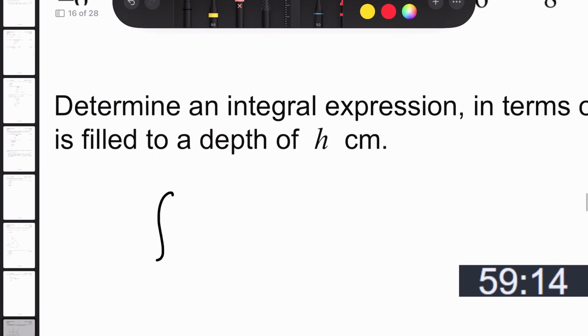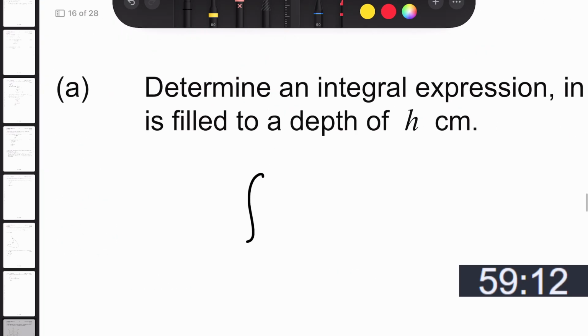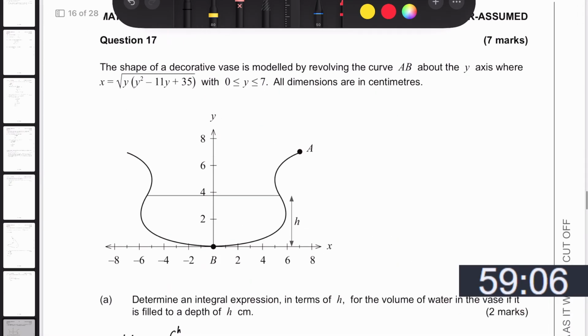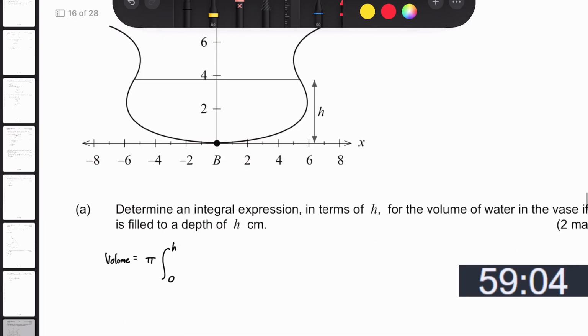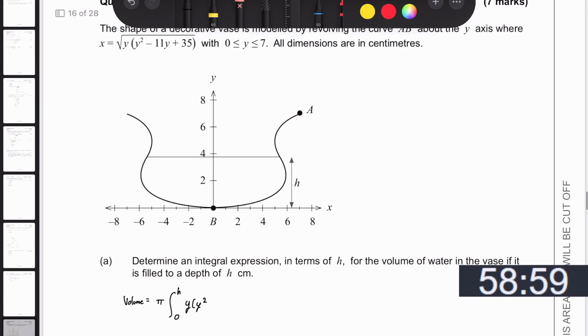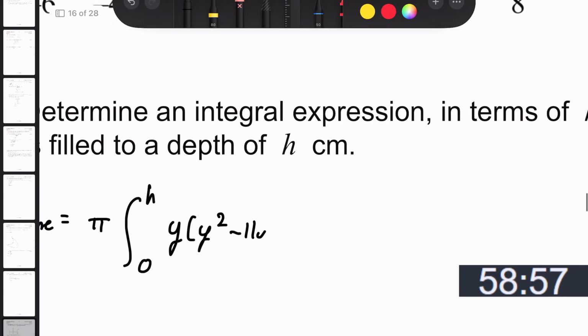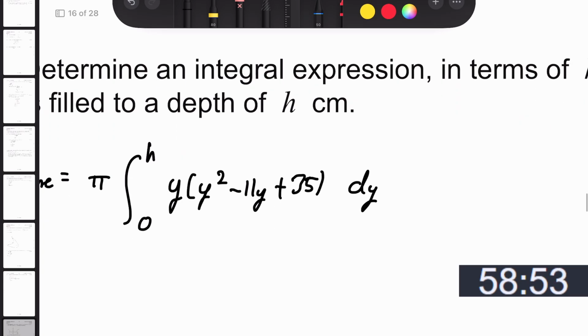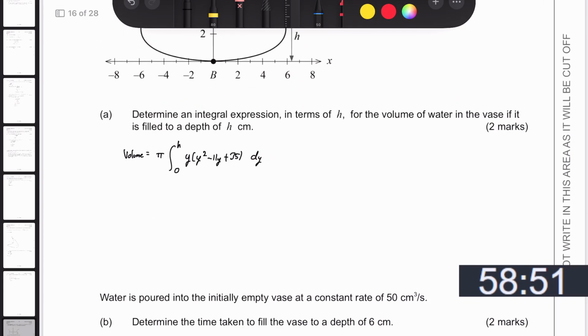Then this is just going to be volume of water, so equal to pi from 0 to h. We're going to want x squared, so it's just going to be y of y squared minus 11y plus 35, and it'll be dy. And it wants an integral expression, so I don't have to calculate that.